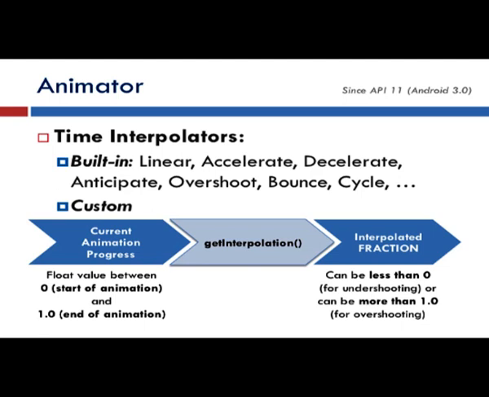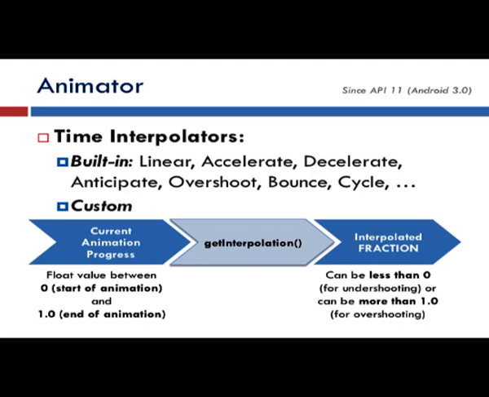Also, if your requirements are not met by these built-in interpolators, you can specify your own interpolators. For that, you will have to override the time interpolator and then override the getInterpolation method of the time interpolator. The input value of this method is the current time progress that I have mentioned, uniformly distributed between 0 and 1.